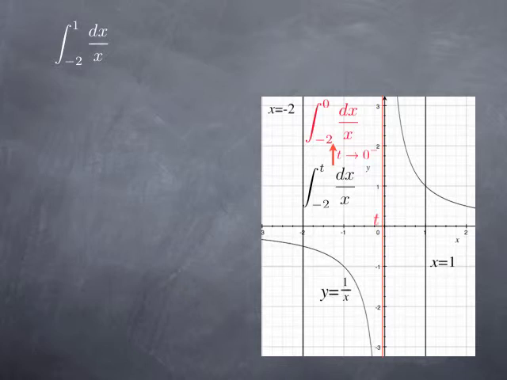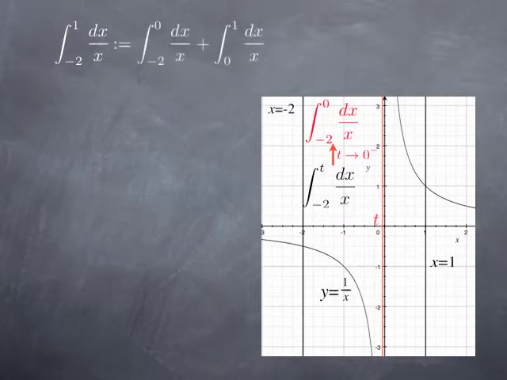Now, to define our integral from -2 to 1, or try to see if there is a way to define a value for it, we would have to do that, and also do the same thing from the other side. In other words, integrate from t to 1, and then let t approach 0 from the right.